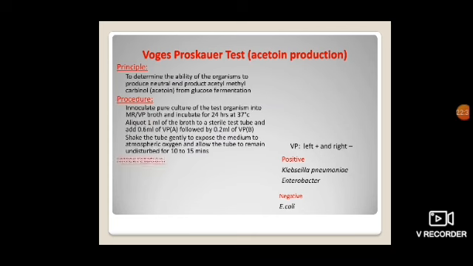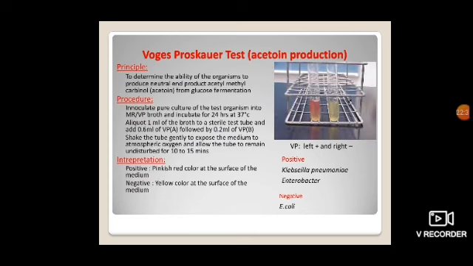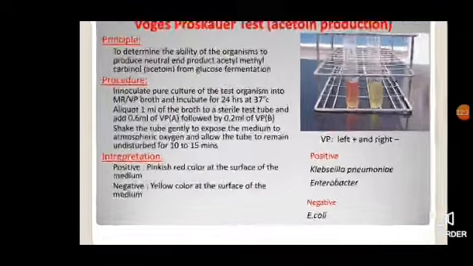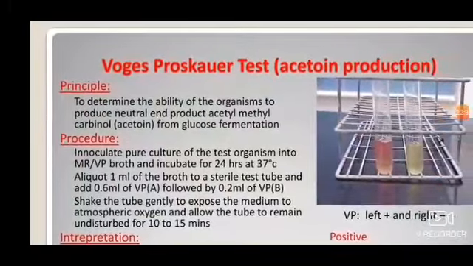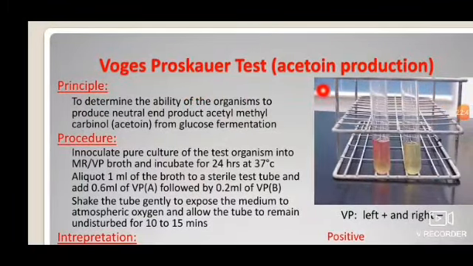The next test is the Voges-Proskauer test. The Voges-Proskauer test is also called the acetoin production test, so it is the formation of acetoin. Let me see how that acetoin is produced.